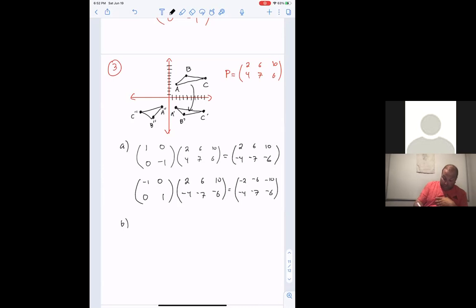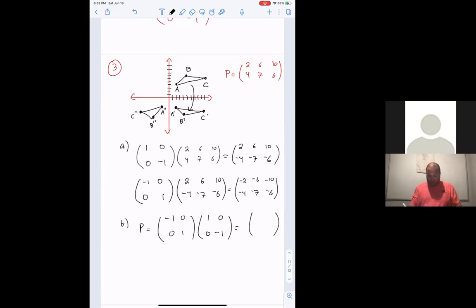Well, I can combine the two matrices together. Just remember, the first one that I use, the first matrix goes on the right, the second one goes on the left. So what is the 2 by 2 matrix that represents both of these? Well, if I just do the math, I get -1, 0, 0, -1.